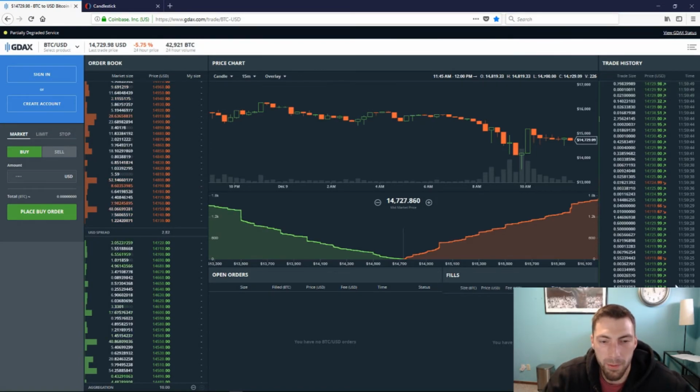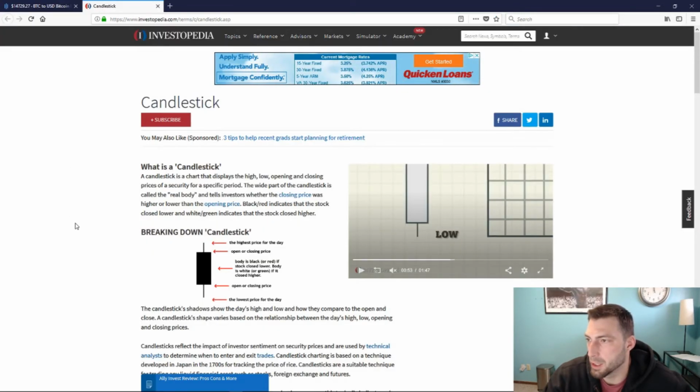And anyway, another thing I just want to talk about is Investopedia. For understanding charting and whatnot, there is Google, there is YouTube, there are amazing resources out there. One of them is Investopedia. It is kind of the quintessential resource for most traders to go to.